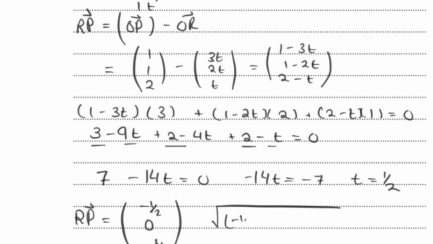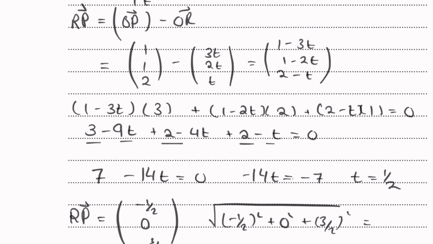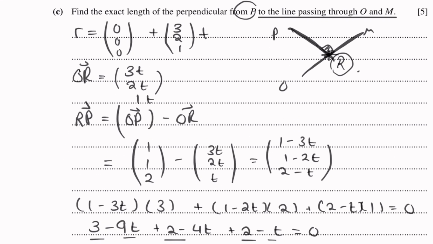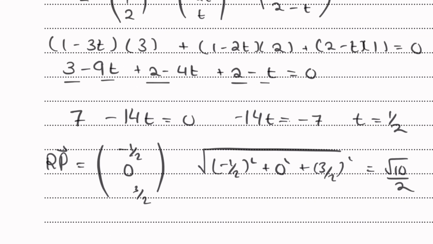So it's going to be negative 1/2 squared plus 0 squared plus 3 over 2 squared, and that's going to equal root 10 over 2, which we can just keep exact if we want. And he said exact, so we can just keep it exact. So that's going to be the length.